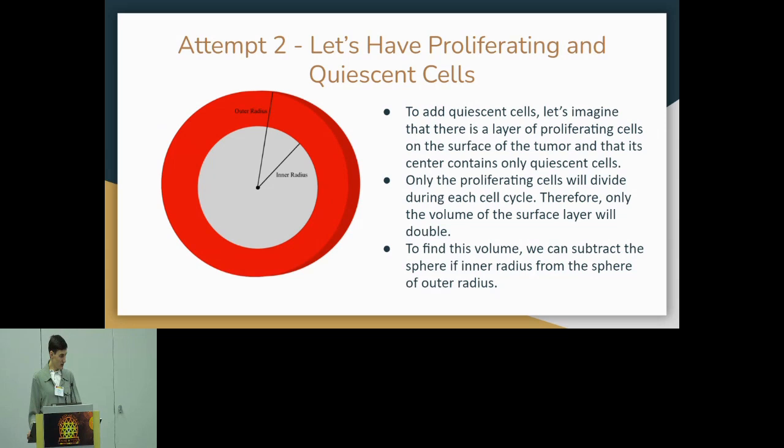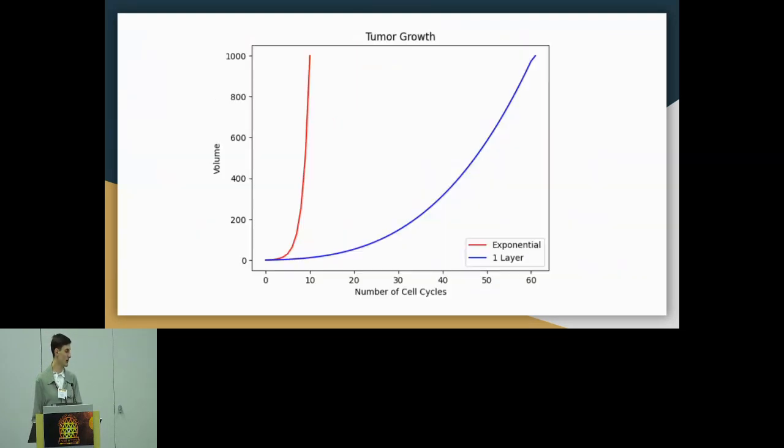So in this model, I simply subtracted the volume of the smaller sphere from the volume of the bigger sphere to find the volume of the layer of proliferating cells, and added this volume to the total volume of the tumor to find the volume after the cell cycle, because all the cells in the proliferating layer will divide. And this greatly decreased the rate at which the tumor grew.